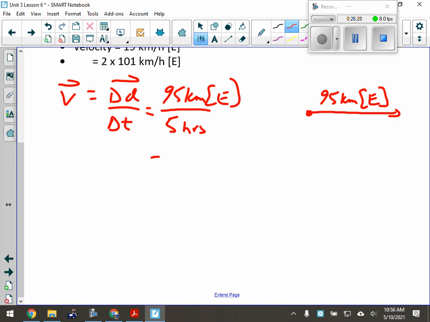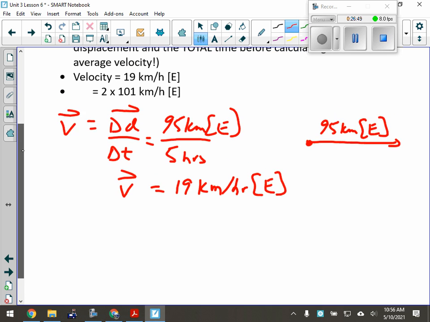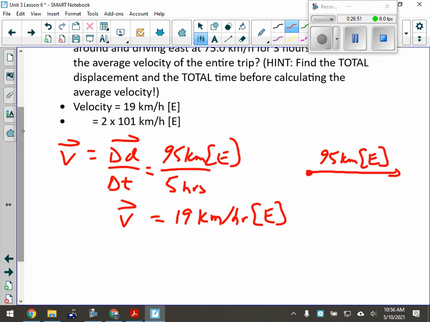And when I divide those two, I think that gives me 19, isn't it? 19 kilometers an hour in the east direction. And don't forget, we need to have a direction with that, of course, because it is a vector. Yes? Okay. Good. Are there any questions on that, anyone? And again, this should be times 10 to the 1 here.